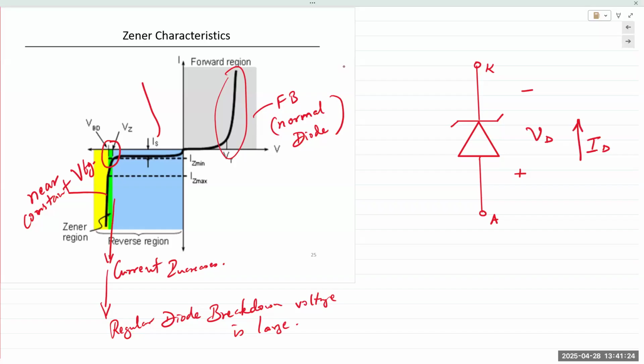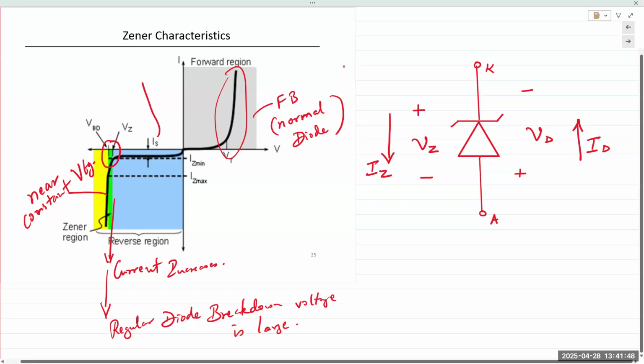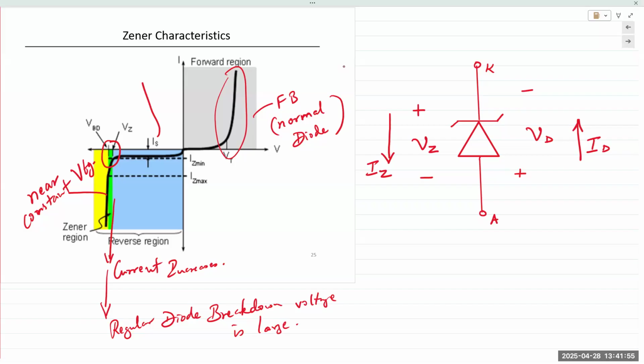But because the Zener diode is used in reverse bias, we associate the voltage and current in reverse. So this cathode terminal would be positive, and the current is flowing in the opposite direction. So VZ and IZ are opposite of the reference for diode voltage and diode current. For Zener diodes, we have to alter our thinking a little bit.